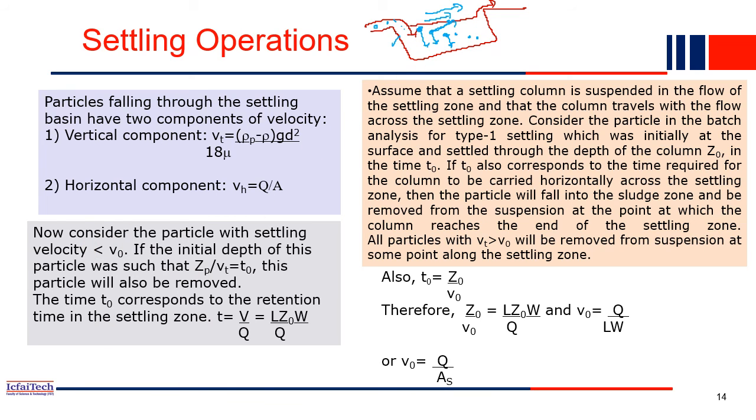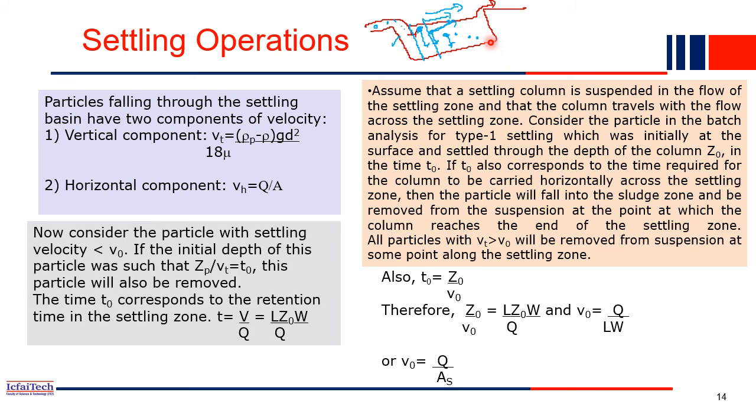Let me write it here. Consider a water column. At the beginning, the particle is at this top position, but after some time this column will move to this position, and the particle also will go down. The column will again move here, and the particle will gradually fall down.